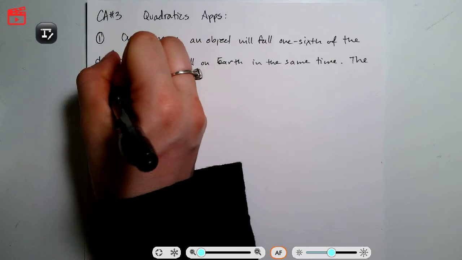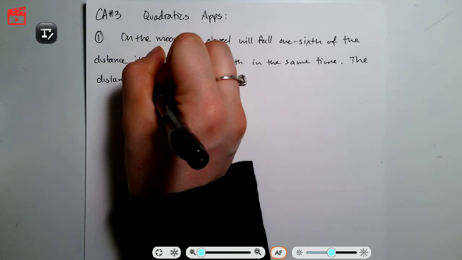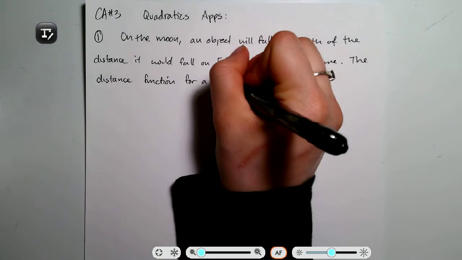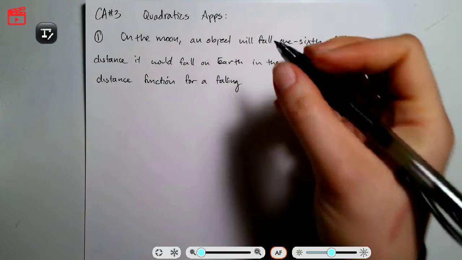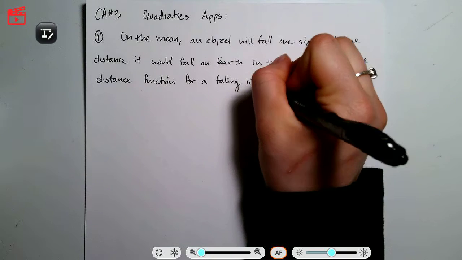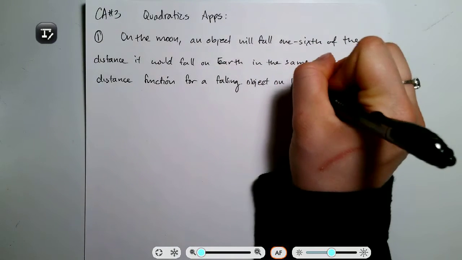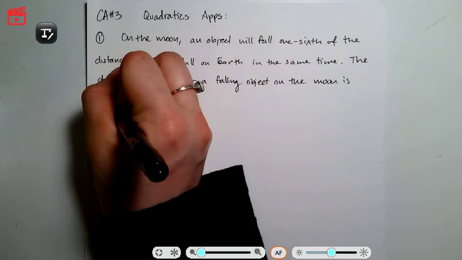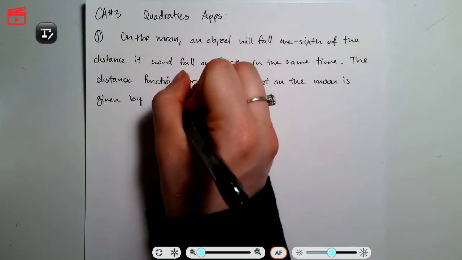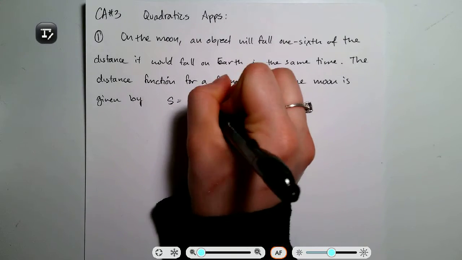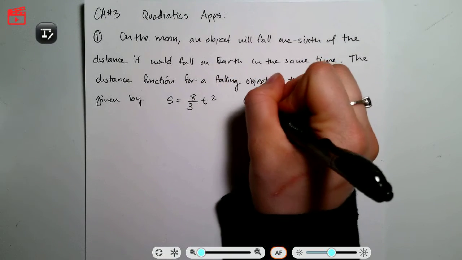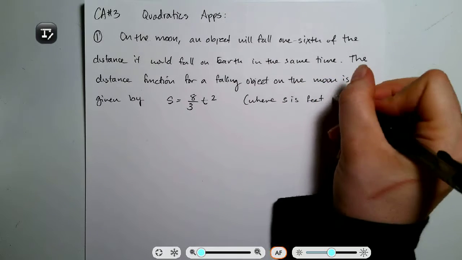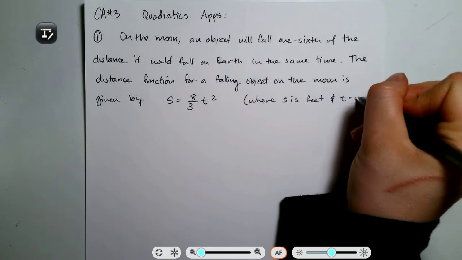The distance function for a falling object on the moon is given by s equals 8/3 t squared, where s is feet and t is time.